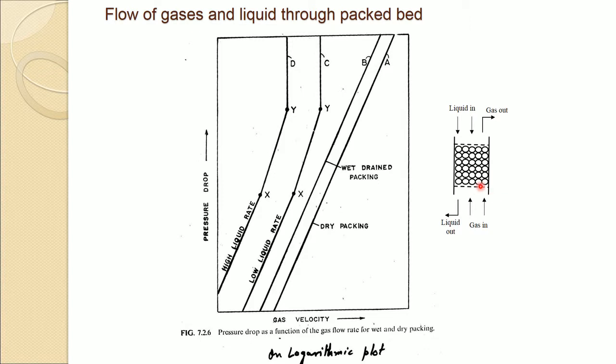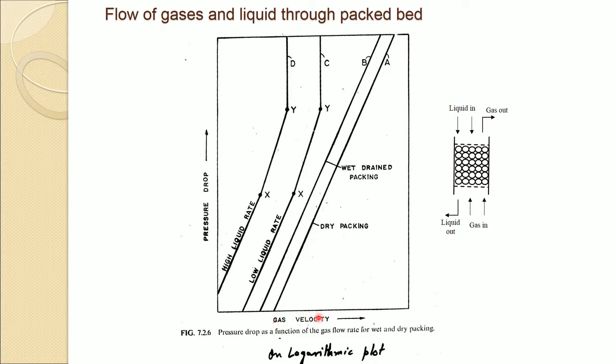In this counter current situation, first suppose there is no liquid flowing. Only gas is flowing in and coming out, what we call the dry bed, and this is represented schematically by this line A.